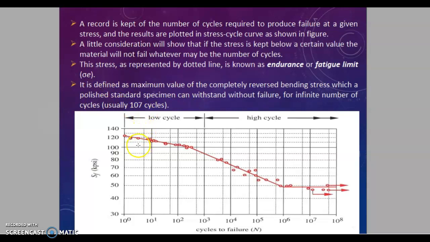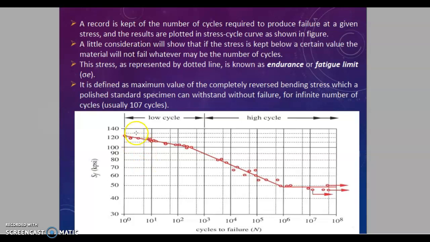A specimen is rotating and is acted upon by a vertical downward force. So fluctuating stresses develop in the specimen, and we are examining at what force value the specimen will fail for a given number of cycles.